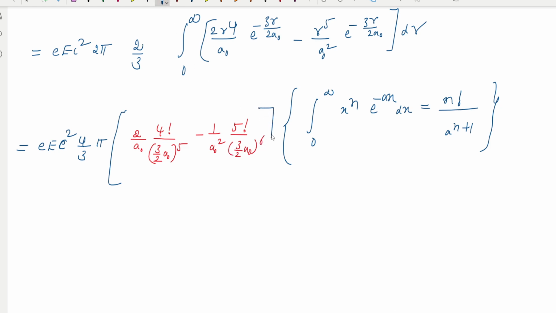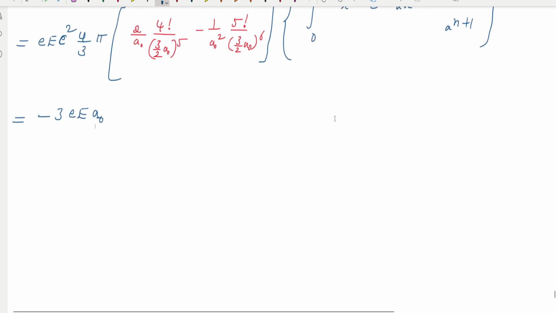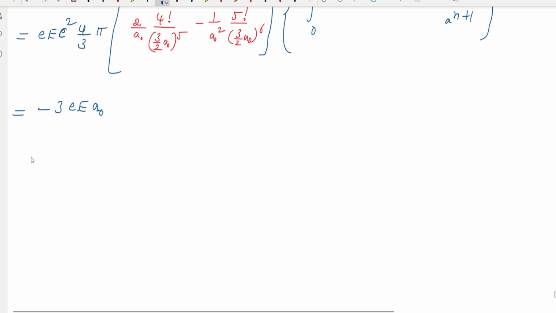Okay, this is the simplification. If you simplify this one easily, then you can get the answer here. Minus 3 e a naught. This is the first answer which we want.